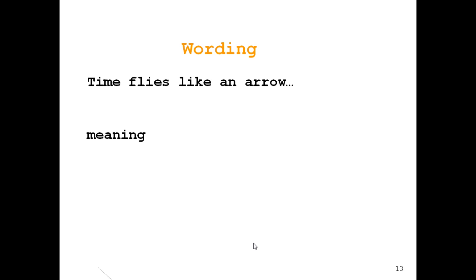Now, let's see this example. Time flies like an arrow. We have the meaning, we have the wording, and depending on whether we're speaking or writing, we have the letters if we're writing and the sounds if we're speaking. So the meaning is, of course, time passes quickly, okay? But the wording is not time passes quickly. It's time flies like an arrow. So it's a metaphorical, or actually this figure of speech would be a simile.